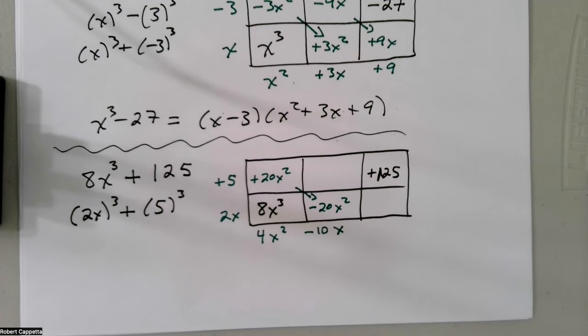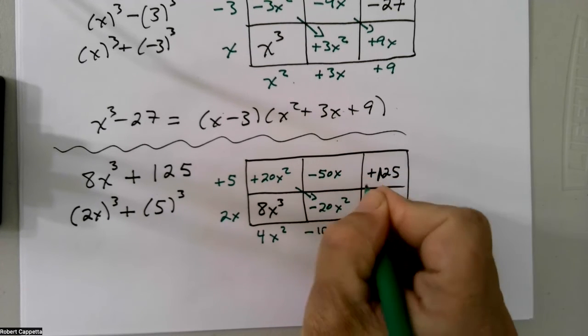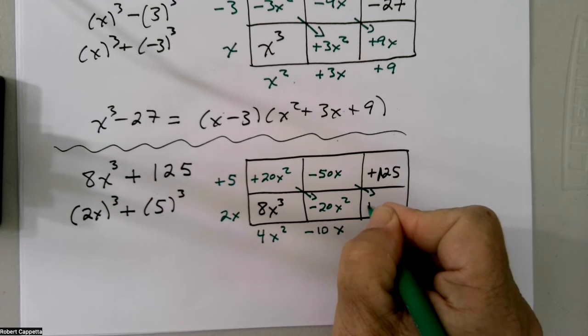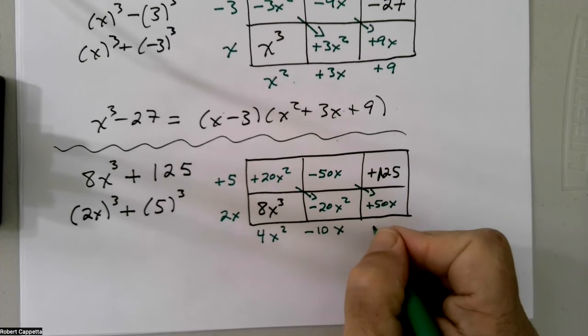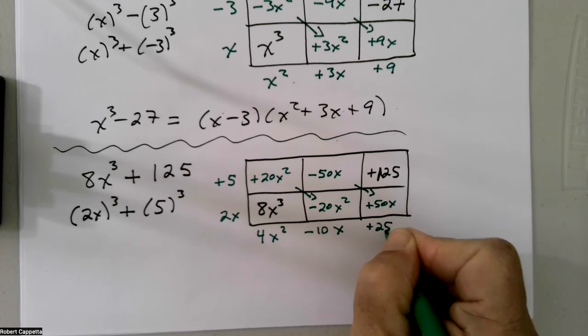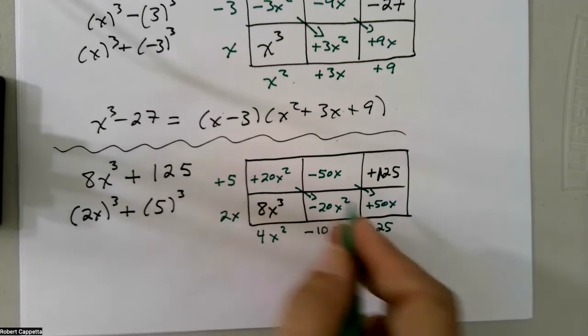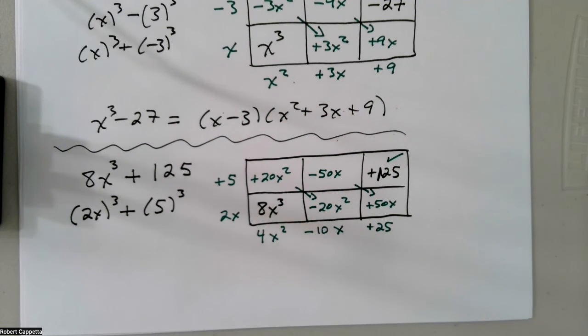Negative 10x. 5 times negative 10x is negative 50x. Make this positive 50x. 2 times what is 50? 25. X is just x. And let's check it out. Positive 5 times positive 25 equals positive 125. It does. It checks. I put a little check mark there.